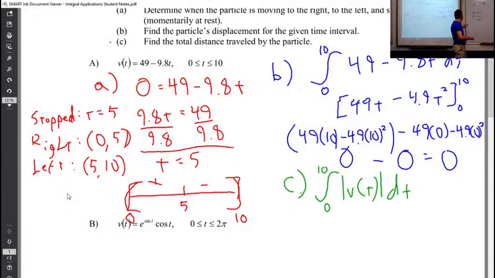Total distance traveled is the integral from a to b of the absolute value of velocity. That is total distance traveled.